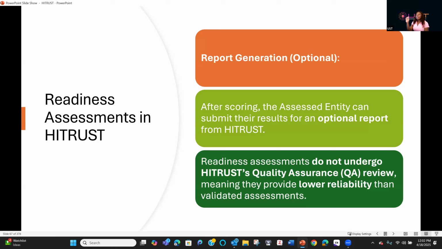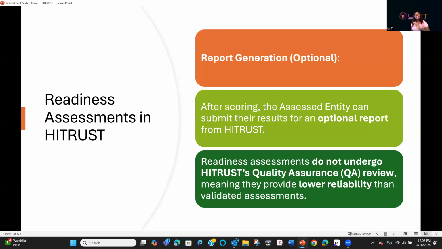But do you see this optional report pertains to the readiness assessment in HITRUST? A readiness assessment does not undergo HITRUST quality assurance. So it will not go through a QA review. Remember, the QA is a higher level, right? So it will not go through a QA review, meaning it provides lower reliability than a validated assessment.